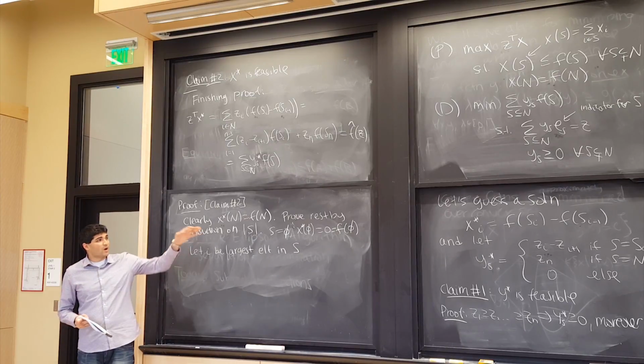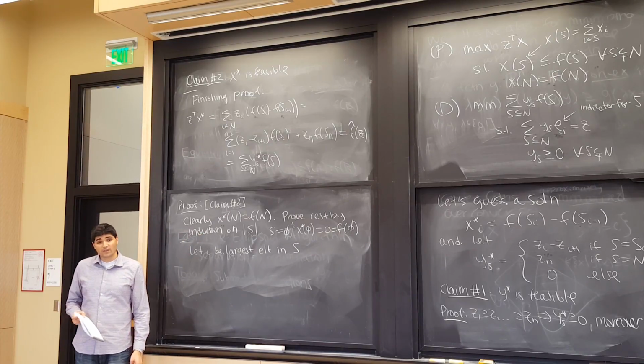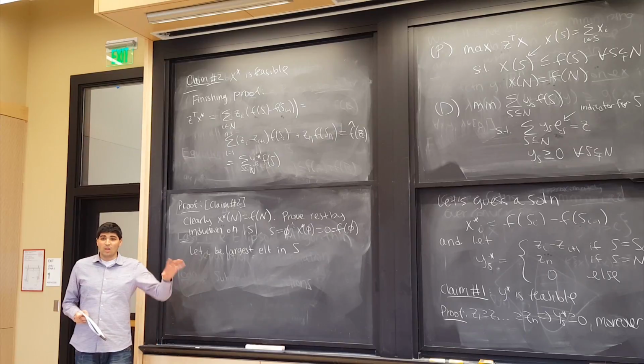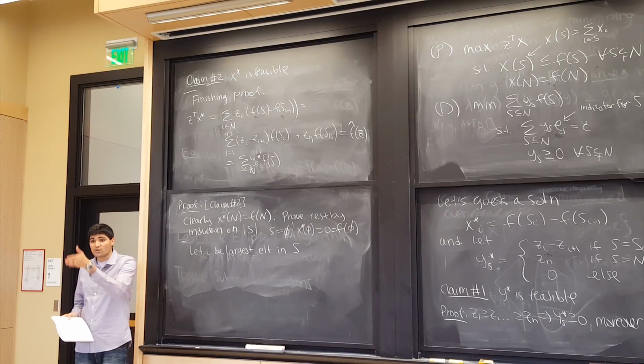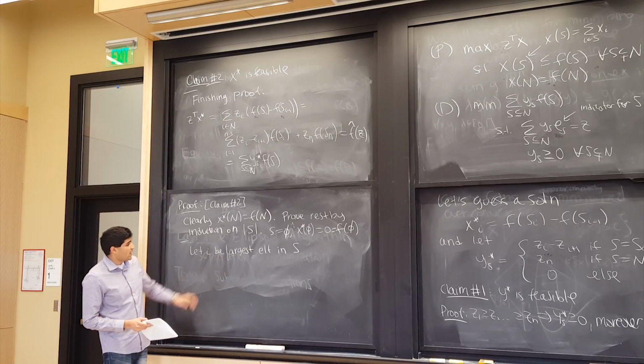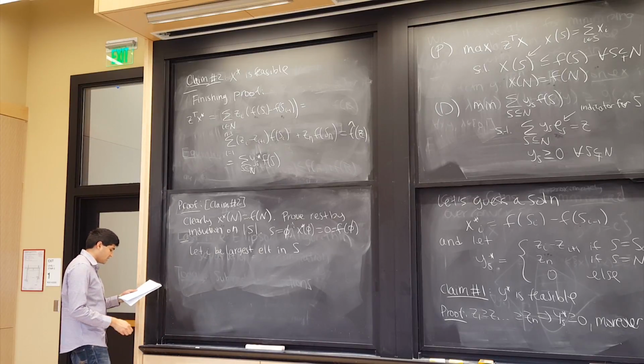Well, S here could be arbitrary because we have exponentially many constraints, one for every set. All I'm going to do is, whatever your set is, tell me what the largest element is. That's the last element to be added when you start looking at these thresholds into the set. So let i be the largest element in the set.